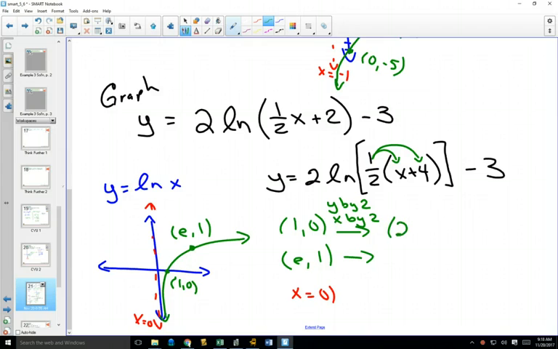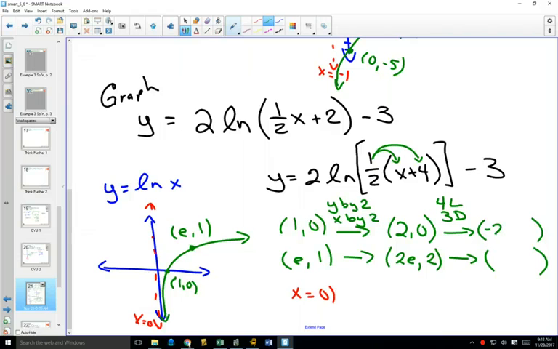And so you're going to get 2, 0 and 2e comma 2. Doing our translations next, we're going to go 4 left and 3 down. So 4 to the left and 3 down, that point will end up at negative 2, negative 3. And 4 to the left, you would just write it as 2e minus 4 and 3 down, minus 1.